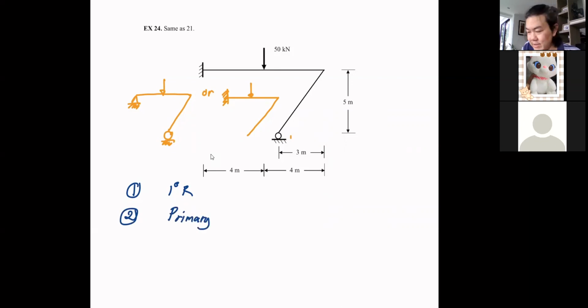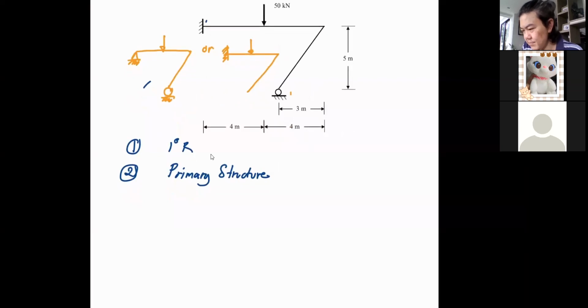But it's good that I will establish the first case, because now you get to see how we deal with this moment. Okay. So our primary structure, I have decided to remove, let's give it some names, A, B, C, and D. So I'd say I remove MA.